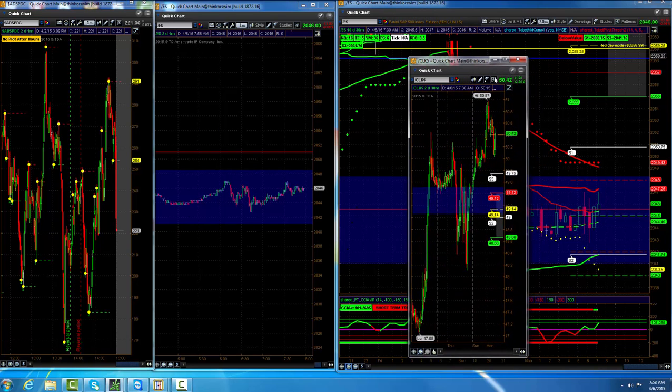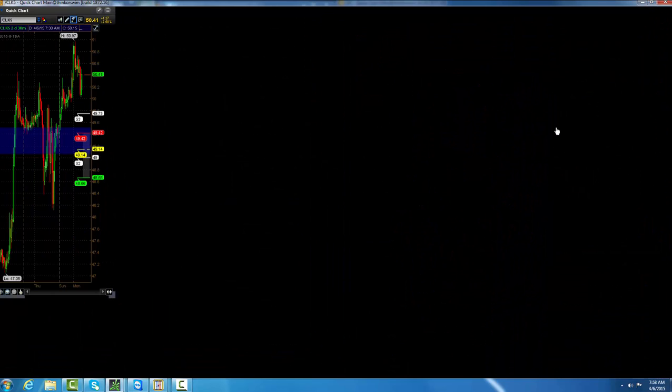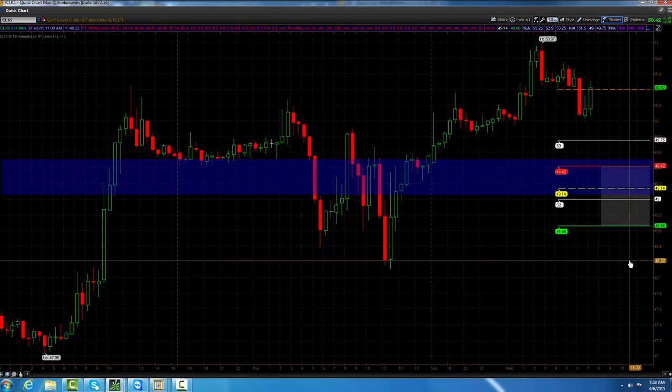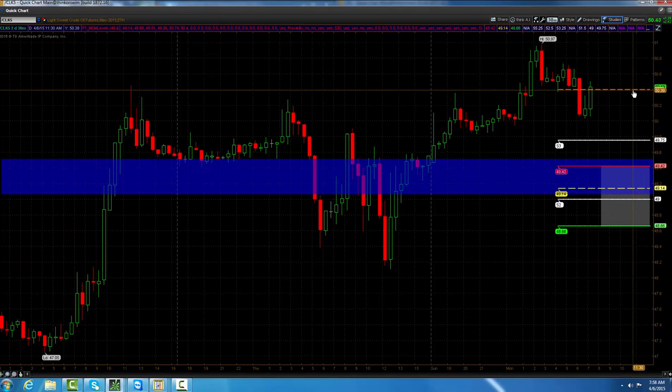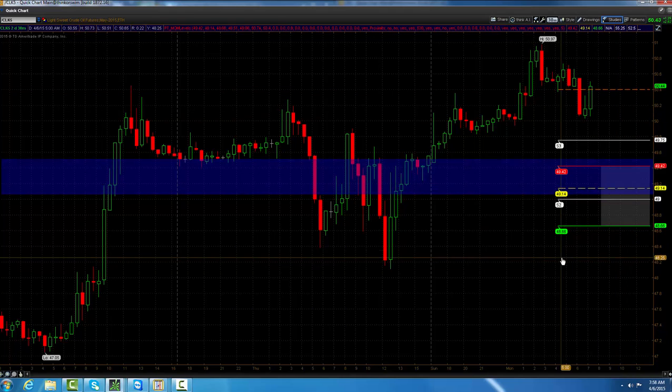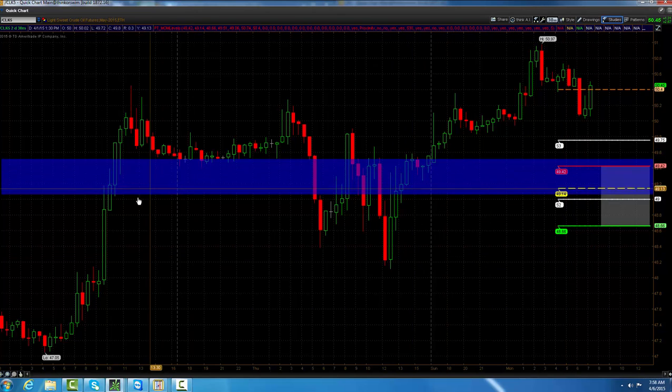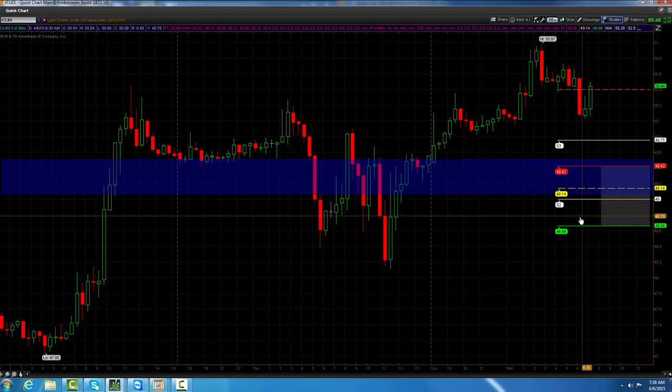Oil looks like it has staged a little rally overnight, and we're going to put our bull bear zone right here. We're trading it right now at 50.43. This is their little consolidation rally, as you can see above and below it.